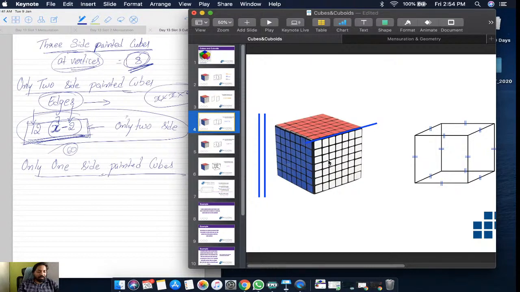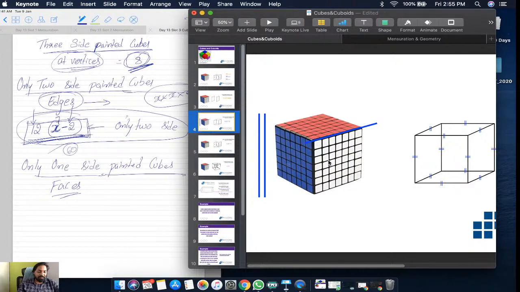Spurti, Priyanka, I am confused. What is that equation? One side painted cubes will be on the faces or surfaces, whatever you want to call them. It's nothing but the areas.